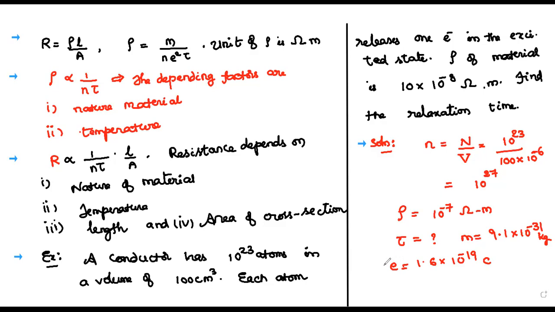Okay, it is now your turn. How much is the value of tau that you have to tell after doing some calculation? Will anyone try here using your calculator? Anyone got the answer?